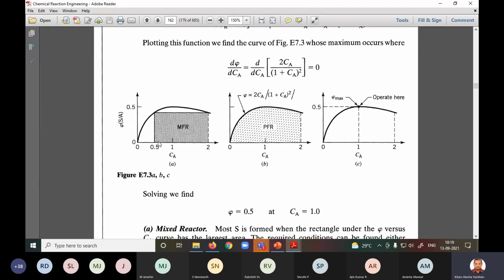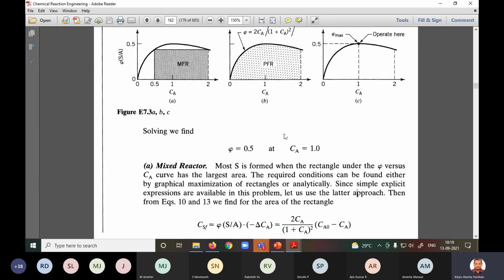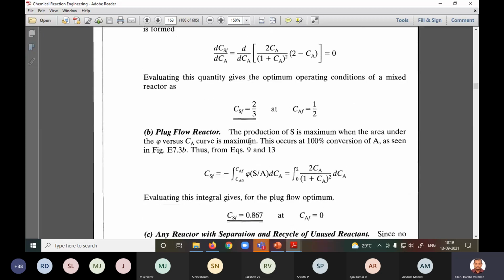That will happen when the diagonal you draw for this rectangle is parallel to this tangent, right? This is just school stuff, how to maximize the rectangle. If you equate here, CSF will be 2 by 3 at CAF is half, right? So the maximum CSF you get is 2 by 3.